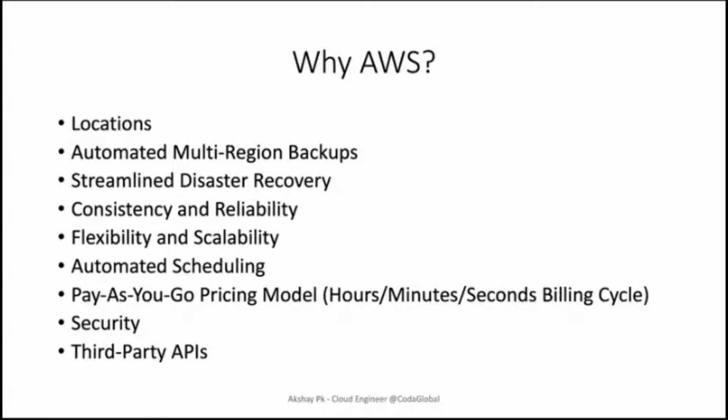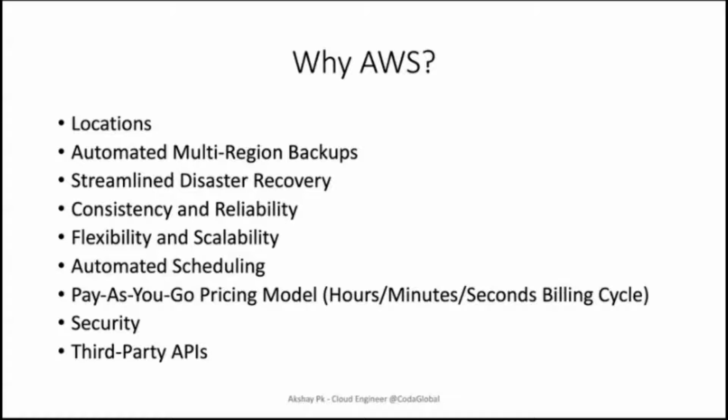Then you also have consistency and reliability, because they provide a really good SLA for some of their services, and a really good durability for their storage service, which is the 11 nines durability. When we work with the storage service, we'll be able to understand that with more clarity.